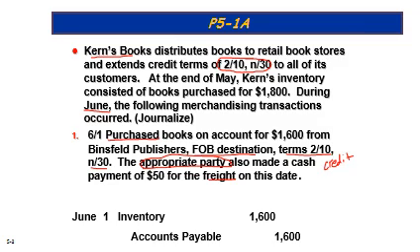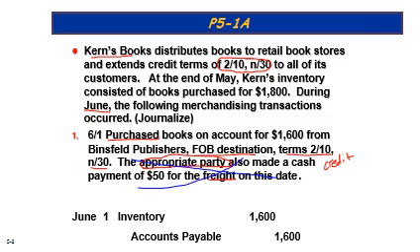Ownership transfers when the product reaches the destination. So the seller owns the product until it reaches our dock, because we're the buyer. We don't own it until it gets to our shipping dock. That means the seller will be responsible for the freight.